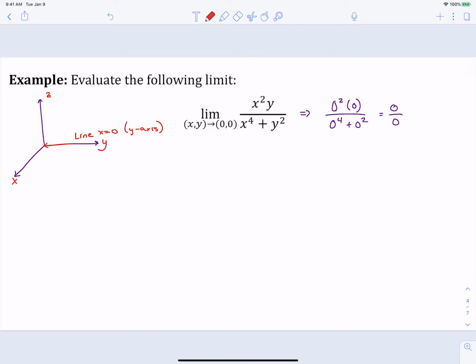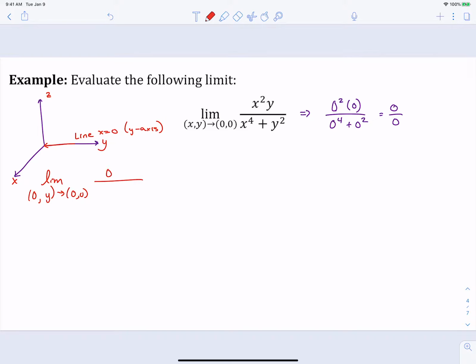So if we're thinking about that path, that's a path where x is equal to 0. That would be looking at the limit as not x, y, because we're going to be looking along a specific path. We're going to look at what happens as that path 0, y approaches 0, 0.